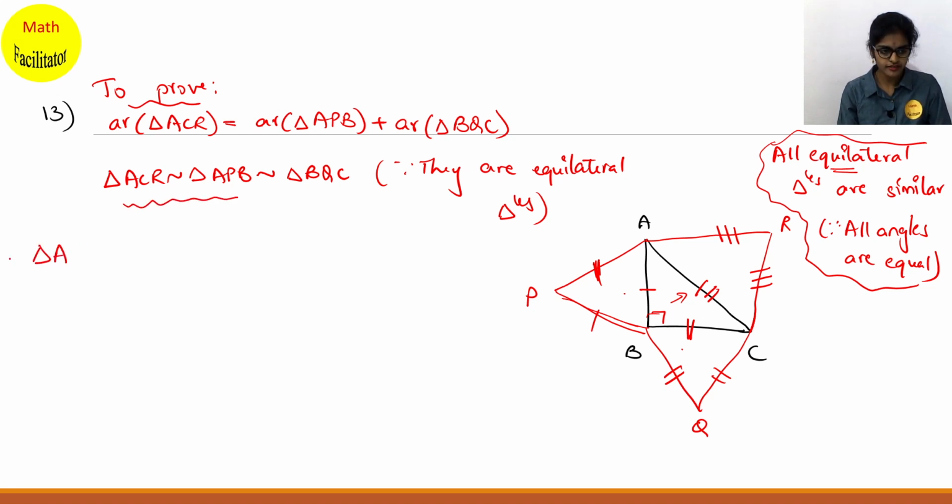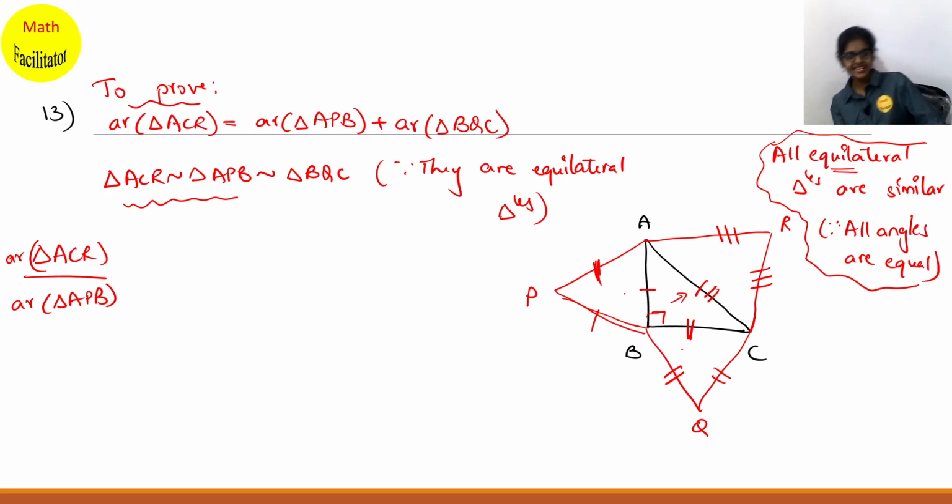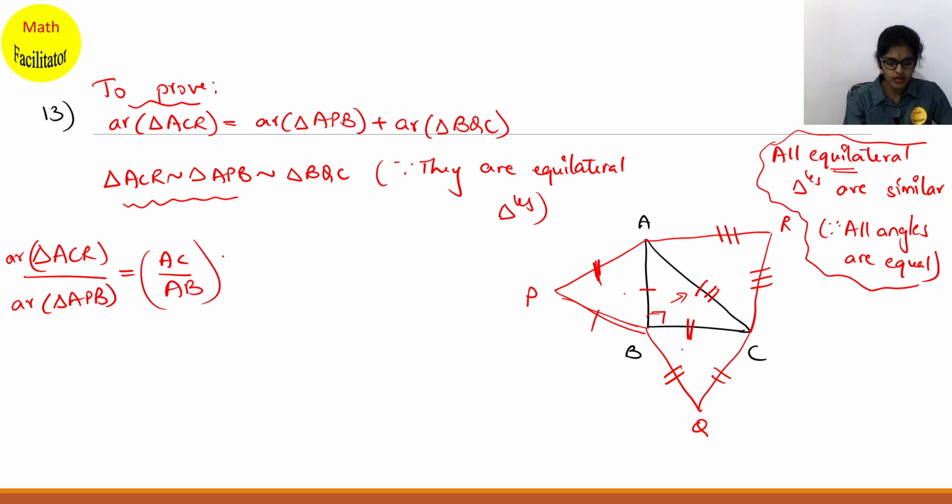The area of triangle ACR divided by the area of triangle APB is nothing but, see here, one side of ACR is AC, divided by the corresponding side of APB, which is AB, and the square of this. So this is equation 1.